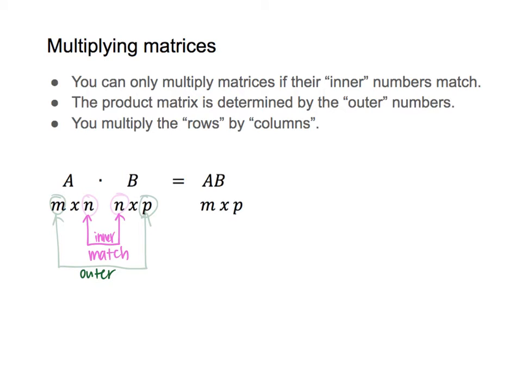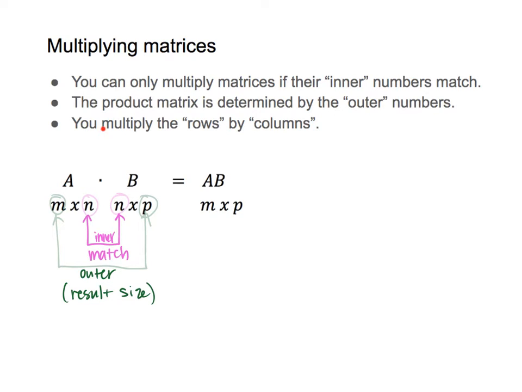So this will be the result size or dimension. In other words, your new matrix after you multiply is relative to those numbers that are on the outside, will be the dimension that the new matrix will be. So you have to figure out the size first before you can determine if you can multiply.